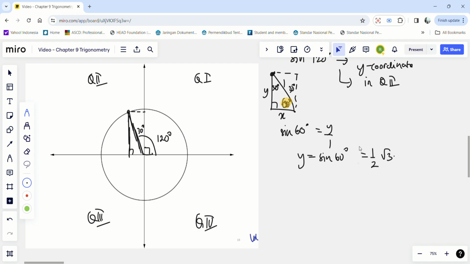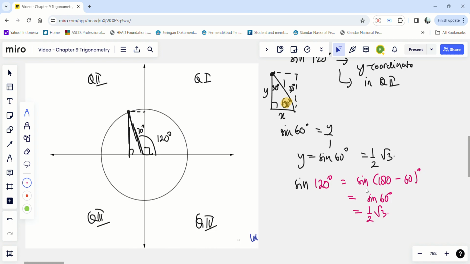But if you're talking about the x, it will be negative. To write it in a more elegant manner, sine 120 is sine of 180 minus 60, and then I deal with the 60 itself, which is half root 3.